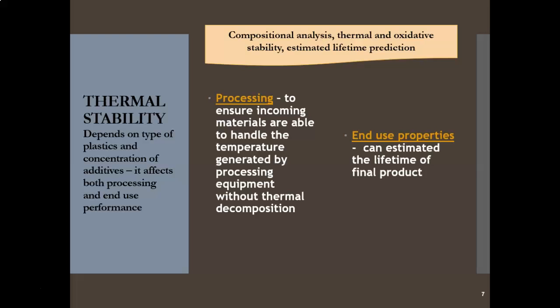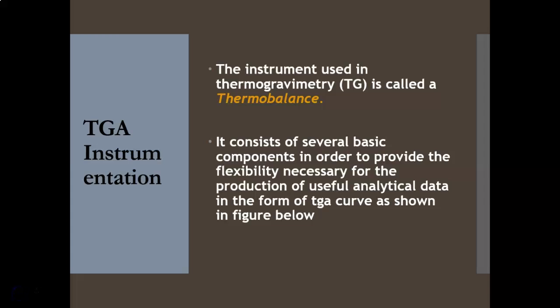Second, in terms of end-use properties, we can estimate the lifetime of the final product by determining the decomposition rate of the material at a certain temperature. TGA can reach a temperature above 700 degrees C.